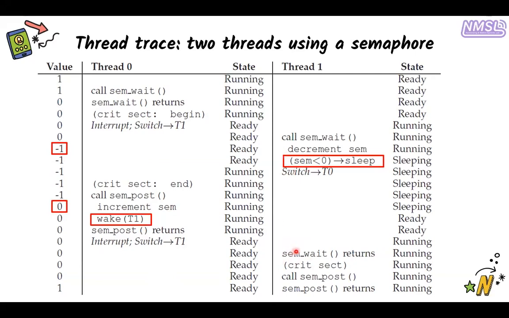So now, because the value is 0, sem wait returns, executes the critical section, and then you call sem post, and now the value is back to 1. So this basically demonstrates that for a lock, you need to initialize this value to 1. And when you have multiple threads, you can still enforce a lock.